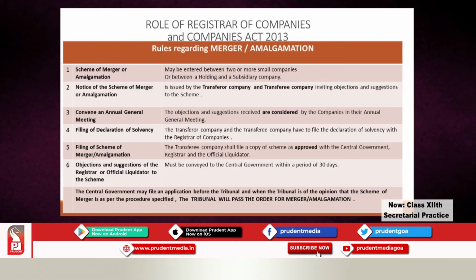This scheme of merger or amalgamation may be entered between two or more small companies or between a holding company and a subsidiary company.